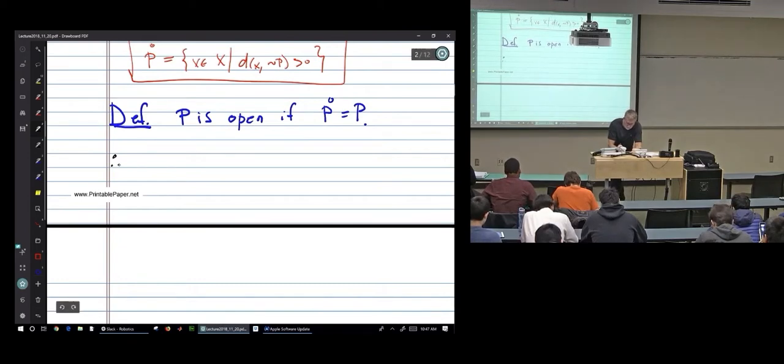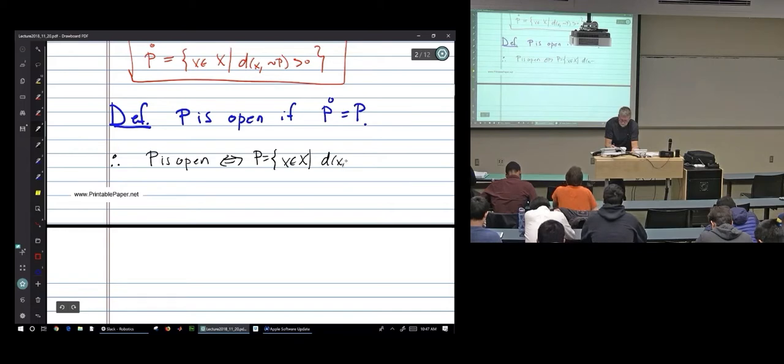Okay, so conclusion. P is open if and only if P is equal to the set of all x in X whose distance from x to the complement of P is positive.